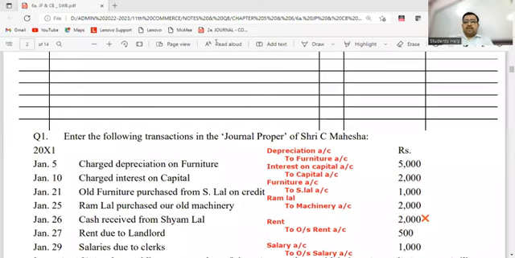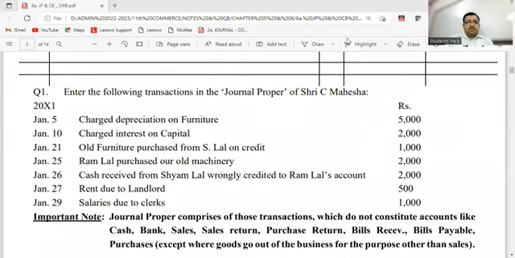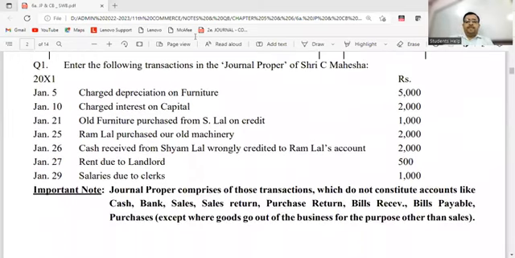So children, I have a very important note for everybody. If you remember it, you will never make a mistake. It comprises those transactions, children, which do not constitute accounts like cash, bank, sale, sale return, purchase return, bills receivable, bills payable, and purchases.